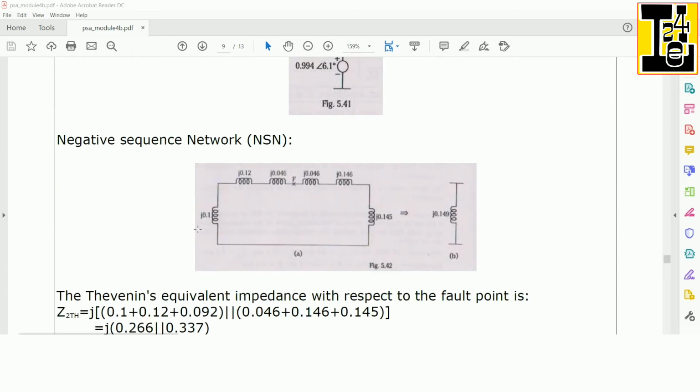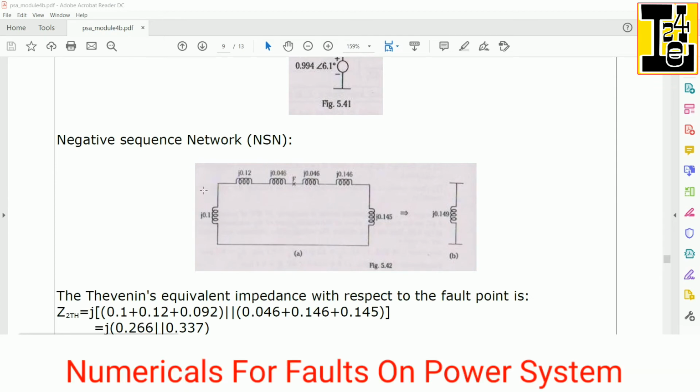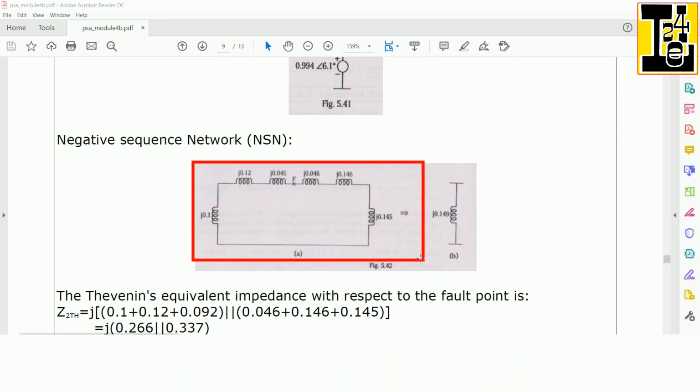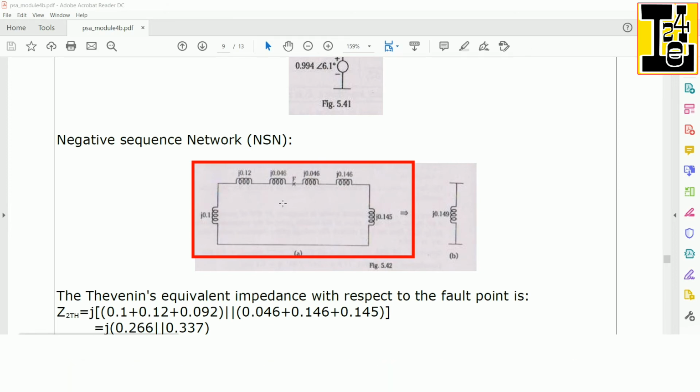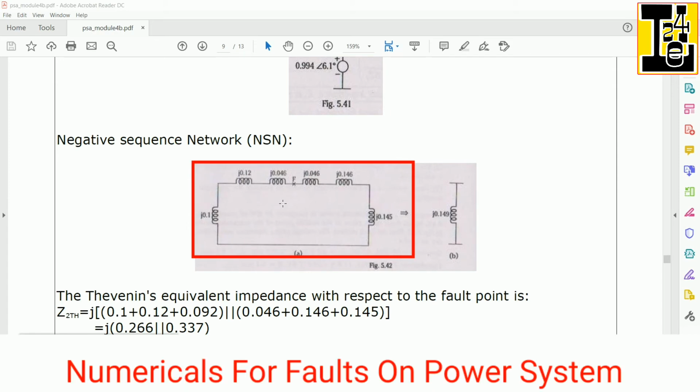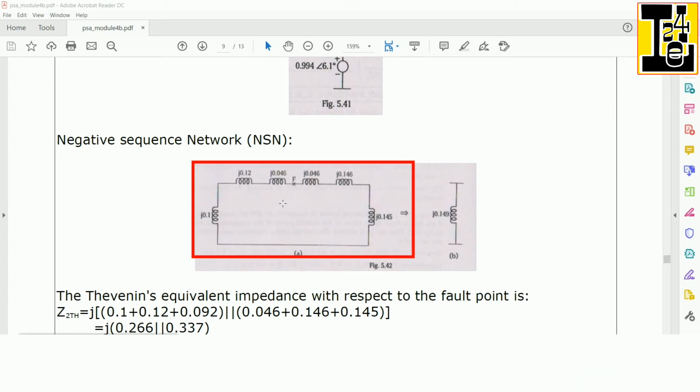Let us find the negative sequence network of the power system with respect to the fault point. Here you can observe very clearly that it is exactly the same as the PSN, but only the EMF source, that is V Thevenin, will be absent in the NSN, as in the negative sequence network the Thevenin equivalent voltages will not appear.